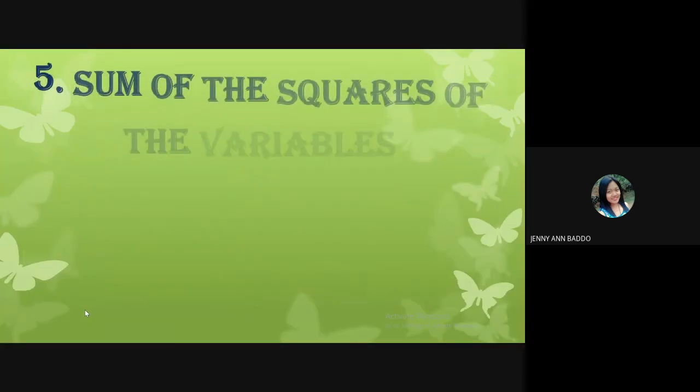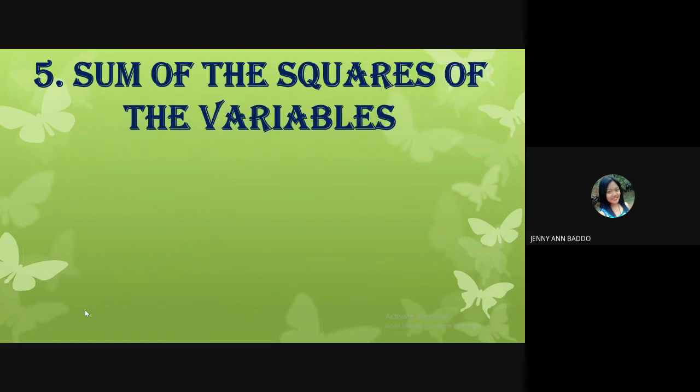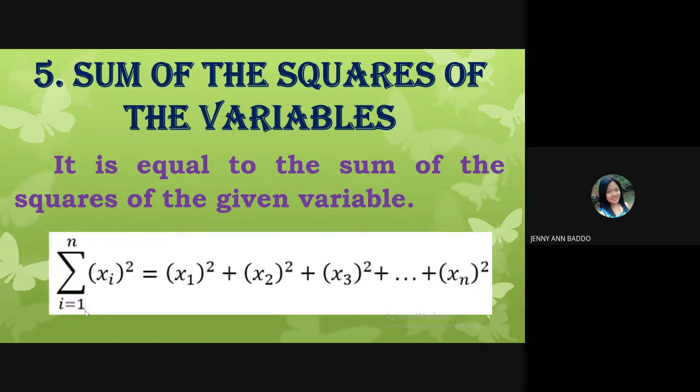Next, we have the fifth property, the sum of the squares of the variables. It is equal to the sum of the squares of the given variables. In symbols, we have summation of the square of x sub i, where i ranges from 1 to n.